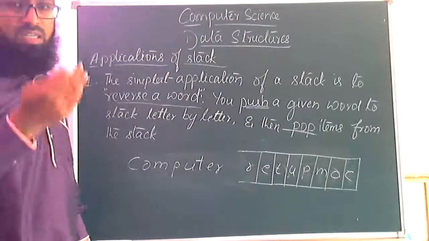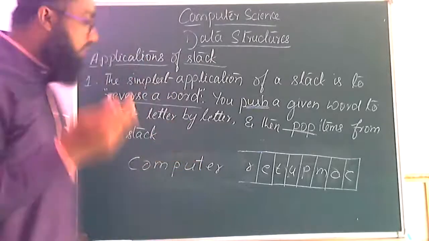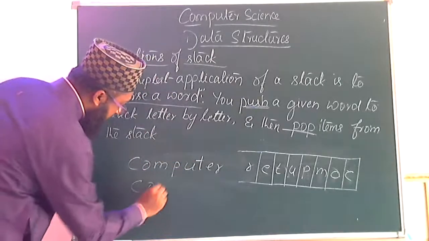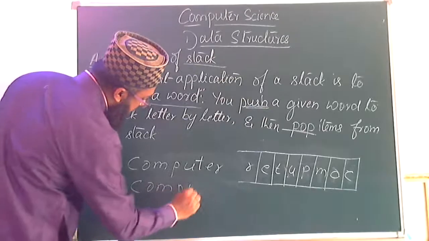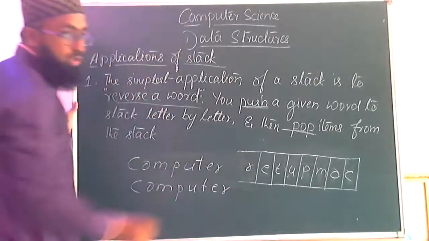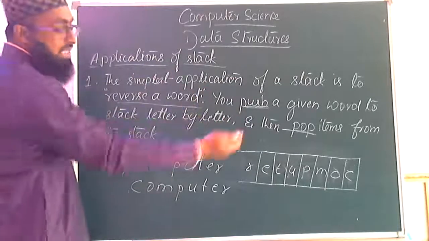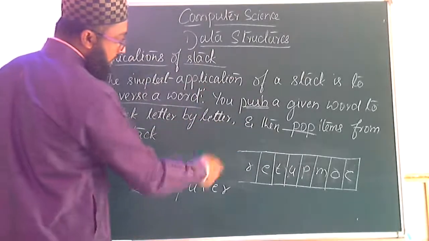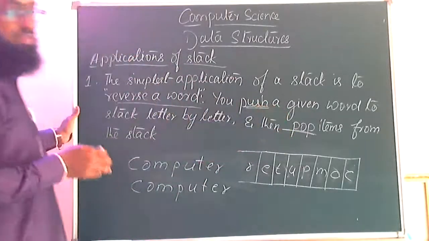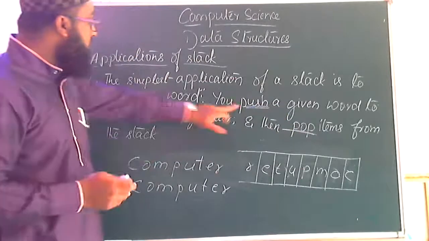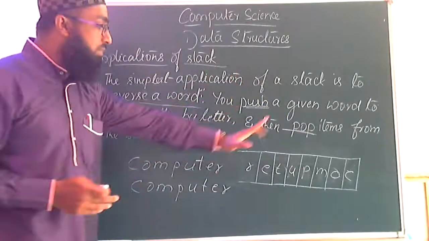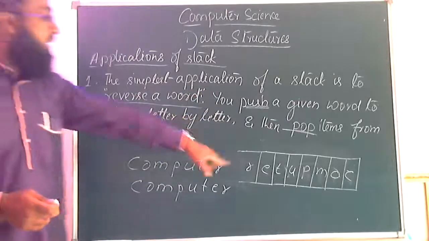While writing also, we start from C itself. We will write like this: COMPUTER. We will not write in reverse order. So we have inserted first C, then O, then MPUTER. This means pushing the given item into the stack. Letter by letter we have pushed.